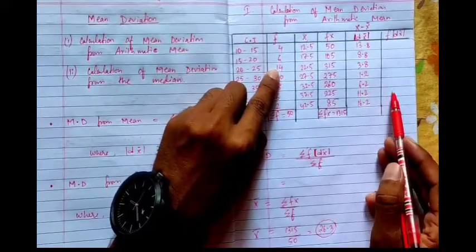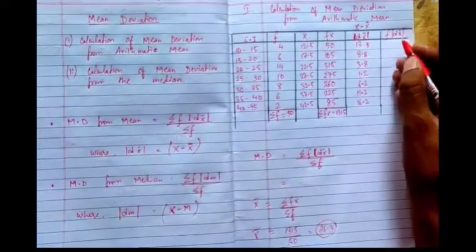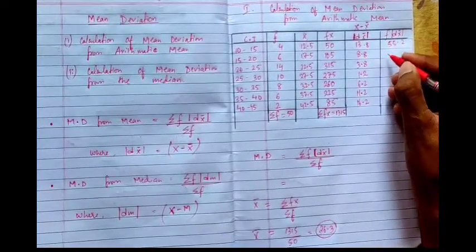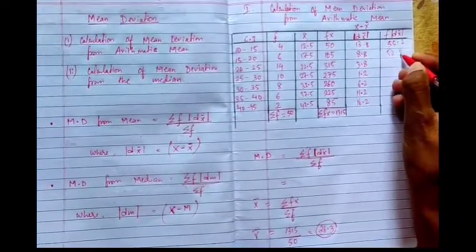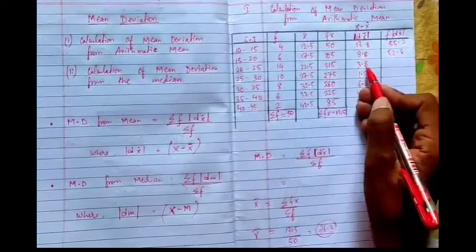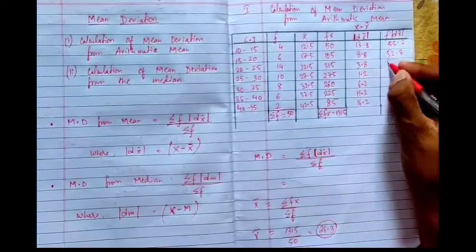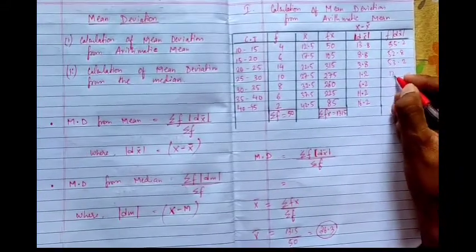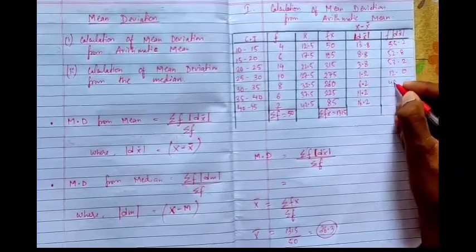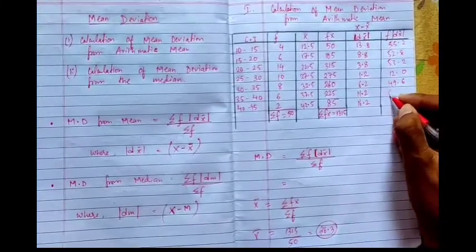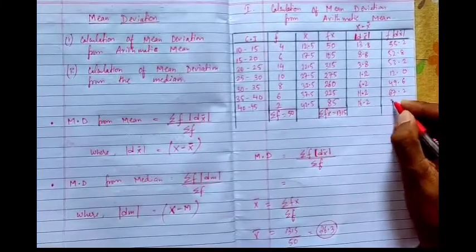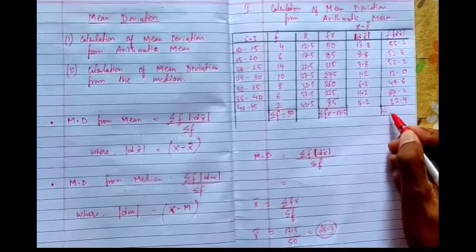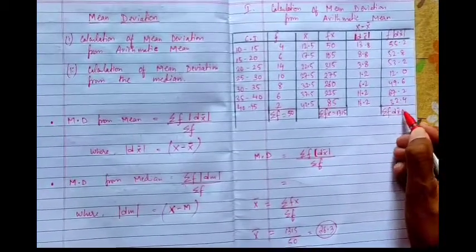So 4 into 13.8 is 55.2, then similarly 52.8, again 14 into 3.8, 53.2, then 12.0, 49.6, 67.2, 32.4.